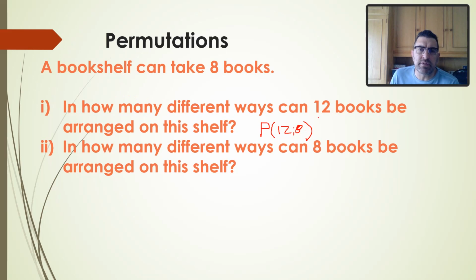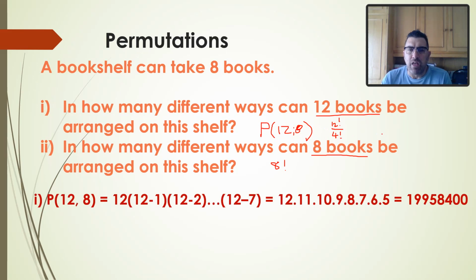In how many different ways can 12 books be chosen? How many different ways can 8 books be arranged on the shelf? So here we saw 8 choose 8 is just simply 8 factorial. This one here will be 12 factorial divided by 4 factorial, the difference between the two. If we have that, you'll see we stop here. We don't have 4 times 3 times 2 times 1 because we're dividing it away.